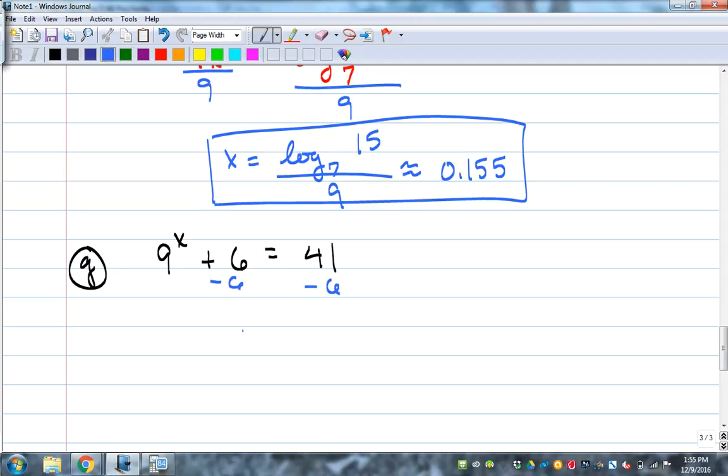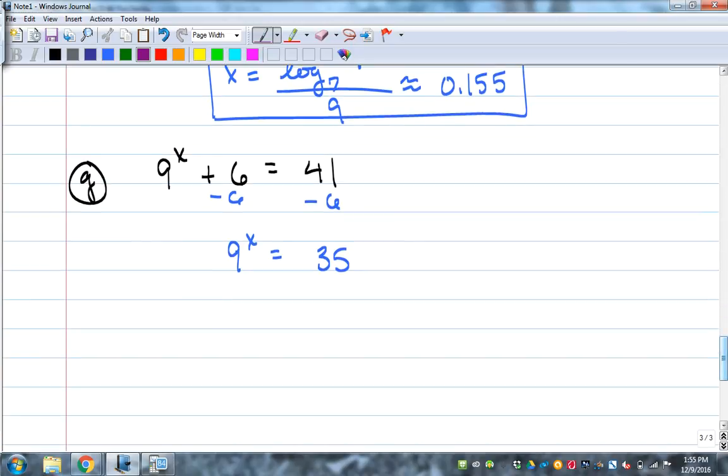Subtract 6. 9 to the x is equal to 35. It doesn't matter if it divides evenly or not, because x is an exponent, so I can't divide by it. We could use a log. I'm going to break down the 9 into 3 squared. So that's 3 to the 2x is equal to 35.